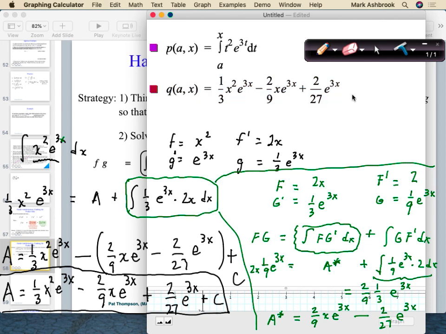Right. So our closed form, using the fundamental theorem, is going to be of this form: some function evaluated at x minus the antiderivative evaluated at a, or net change, the overall change from a to x. So what I'm going to do is take that, copy, say minus, parentheses, and then these have a's in them.